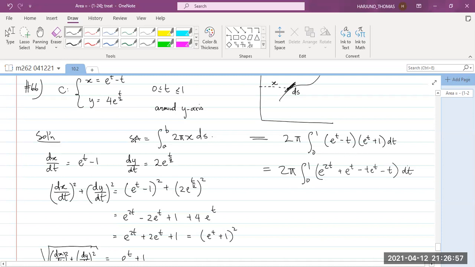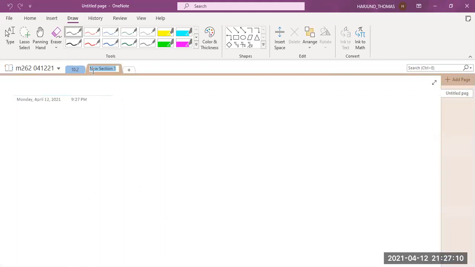Okay, you do it yourself. Now that's for 10.2. It's quite heavy. 10.2 is quite heavy, but 10.3 is on the easy side. It's supposed to be a review.